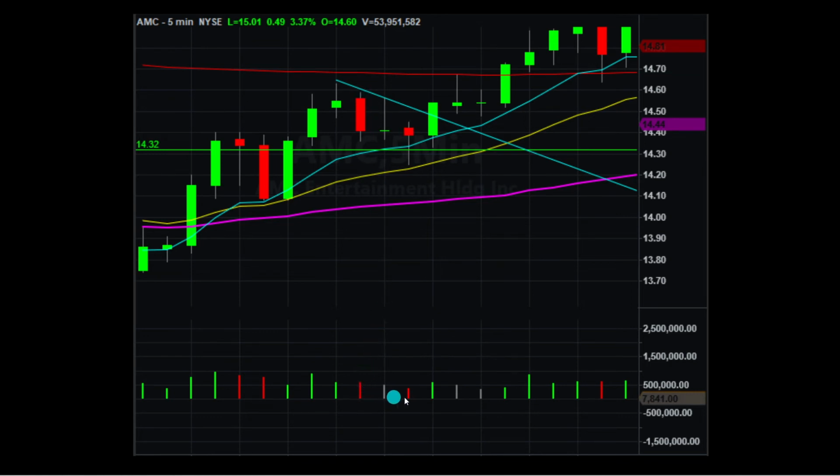Light volume. These 3 candles, light volume. And then after, you get the breakout. High volume going up. And then it continues going up if you were holding, which you could have, just have a stop loss and just hold it and see where it goes. If it stops you out, it stops you out. If it continues going, it continues going. So this would have been a good trade.